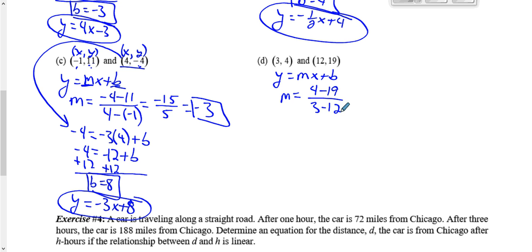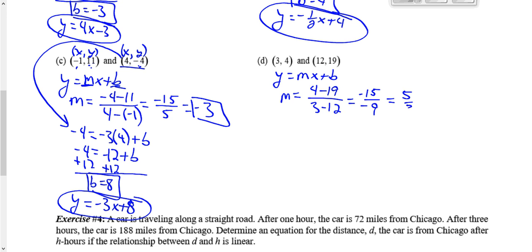Now, some of you might have done 19 minus 4, but then on the bottom you'd have to do 12 minus 3. They got to be subtracted in the same order. Either way it'll work. And so it gives you negative 15 over negative 9. It's going to be positive. Put it in lowest terms.